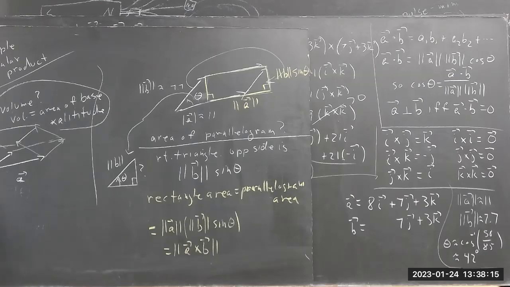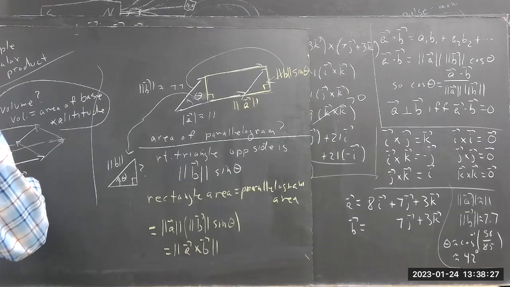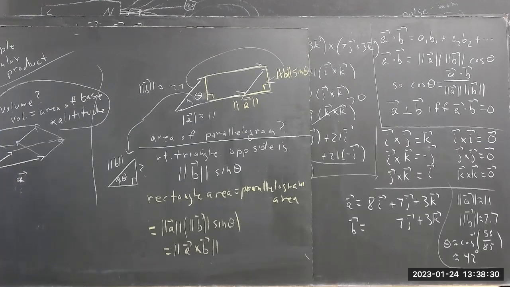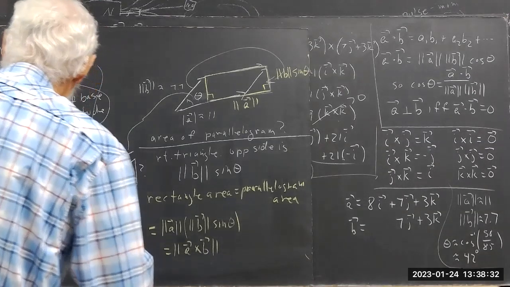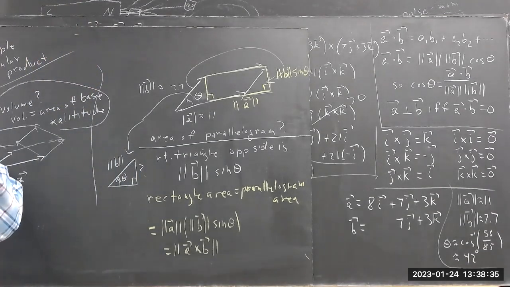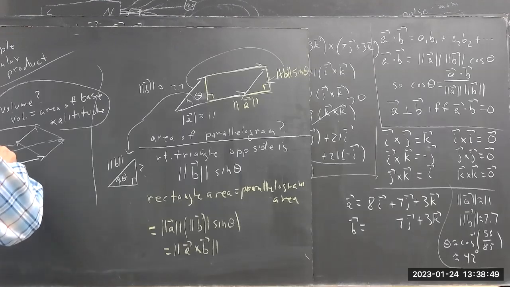The altitude has to be the component of C parallel to A cross B. So we project this C vector, I'll use a different color here. We project the C vector onto this. And now this vector is an altitude.